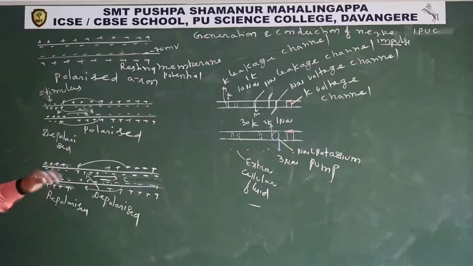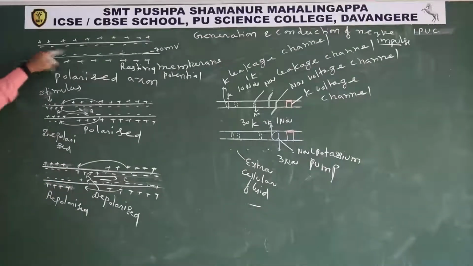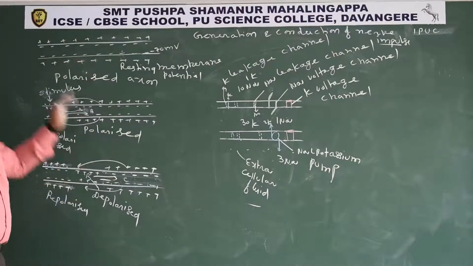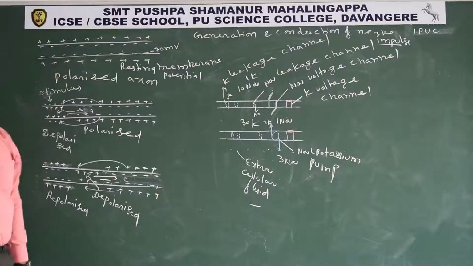Okay, now we discuss. You already know in the resting membrane, the inner surface is minus 70 and the outer surface is plus 70. That is known as a polarized axon.